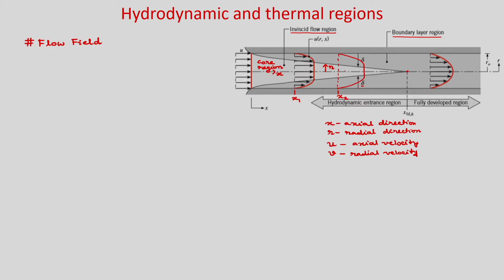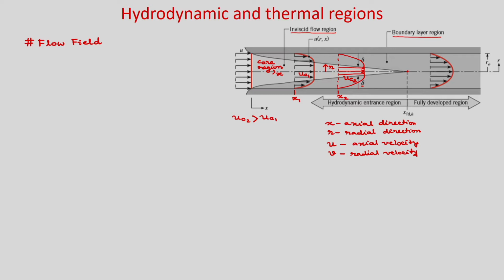If the core velocity is u c 1 at section 1 and u c 2 at section 2, then u c 2 will be greater than u c 1 in the developing region or entrance region.